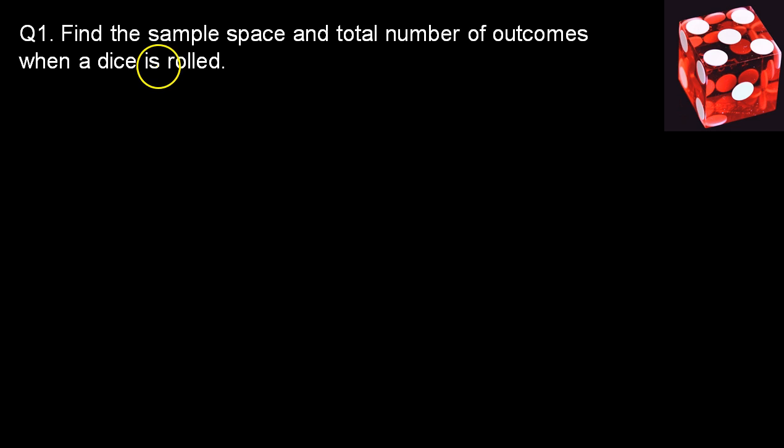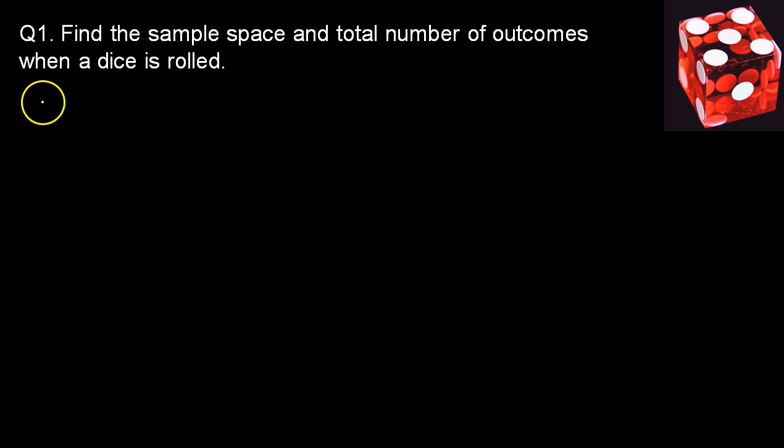If you are fundamentally strong, things will fall into place even at a higher level. So we'll get started with all the fundamental things first, go step by step, and then go to some higher degree problems. The question is, find the sample space and the total number of outcomes when a dice is rolled.